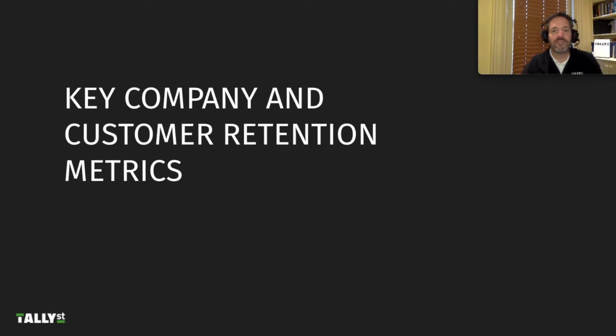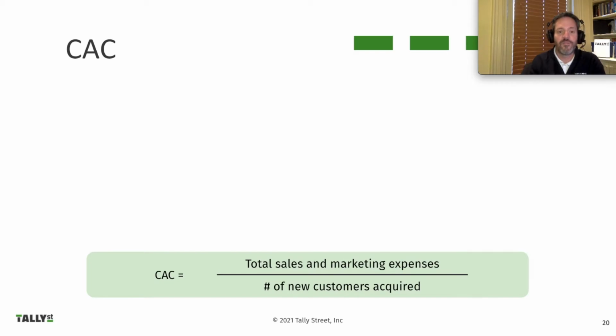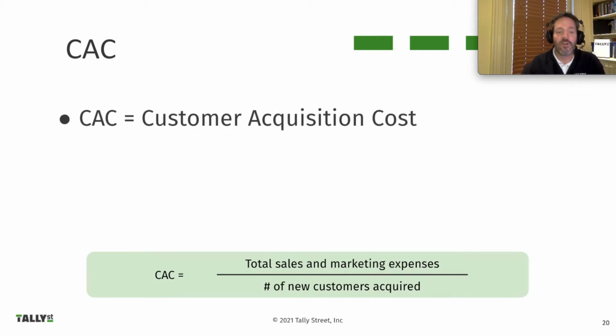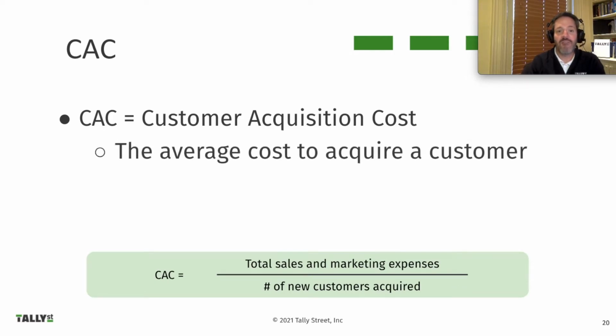So with those basic definitions, let's move to key company and customer retention metrics. The first we'll talk about is CAC, or customer acquisition cost, the red area we saw in the chart in the beginning. This is the average cost to acquire a customer. What goes into CAC will be a little different for every business.